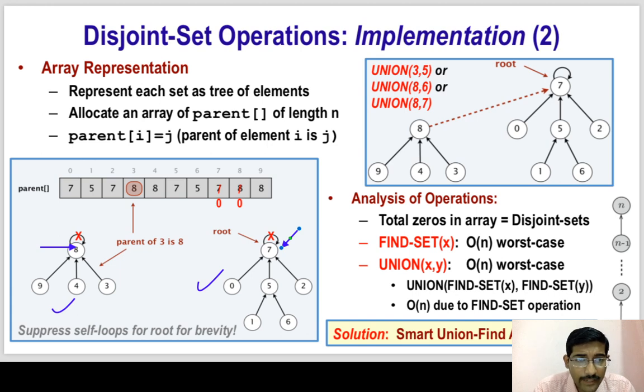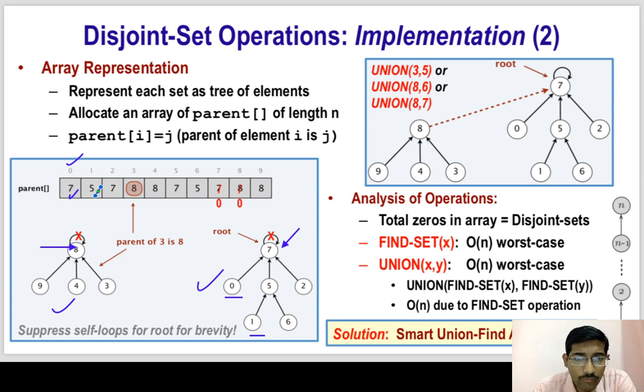So in an array, for every element, let's say for 0 here, 0 is pointed to 7, so we write 7 here. Similarly, 1 is pointing to 5, so we write 5 here. So the array itself says that the parent of that element is stored in the array.